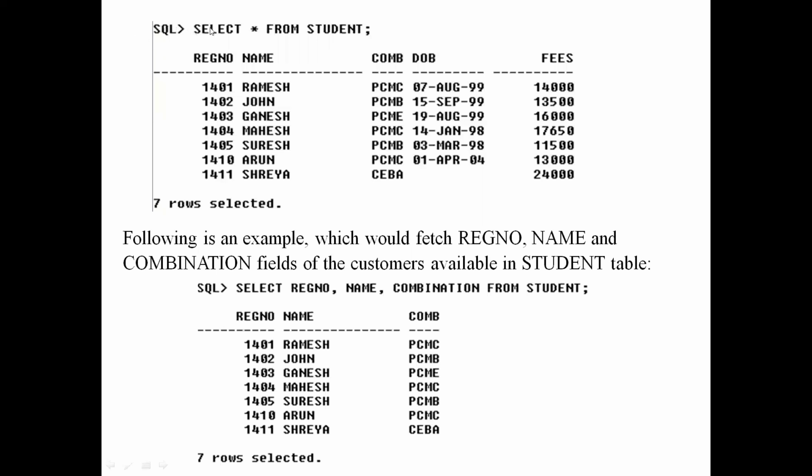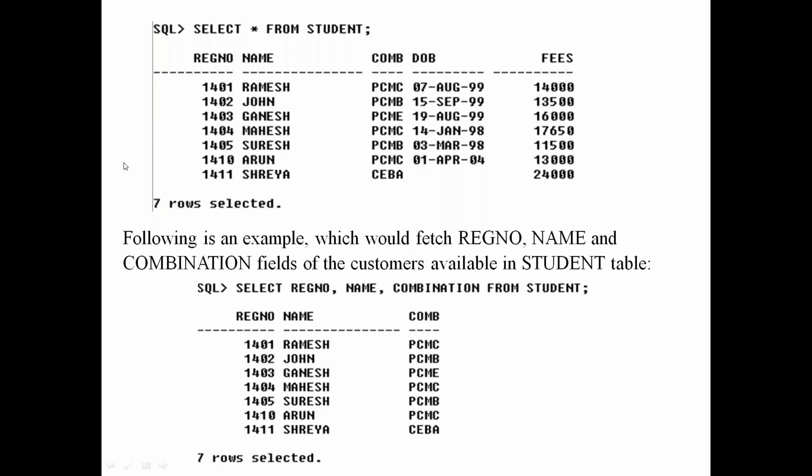In front of that, we write the statement as SQL commands. The statement we are giving here is select space asterisk from student semicolon. In this, select, asterisk, and from are reserved words, and student is the name of the table.